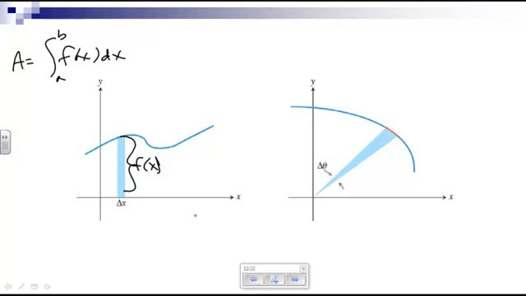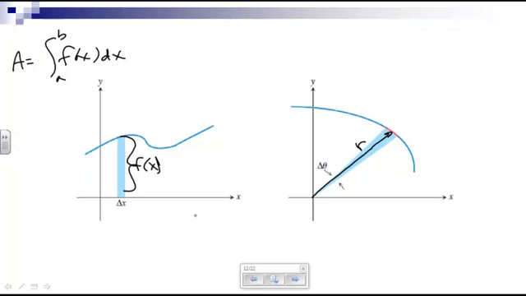And it is not true that this distance r times delta theta is equal to the area of that pie slice. It's not true. We're going to need to do something different in order to get the area inside of a polar curve.